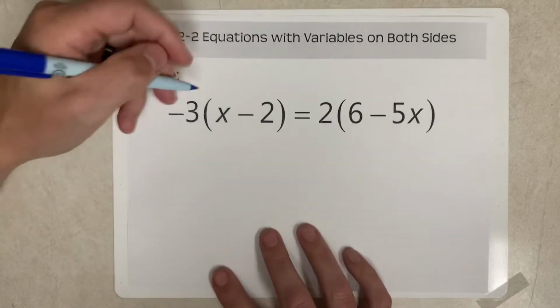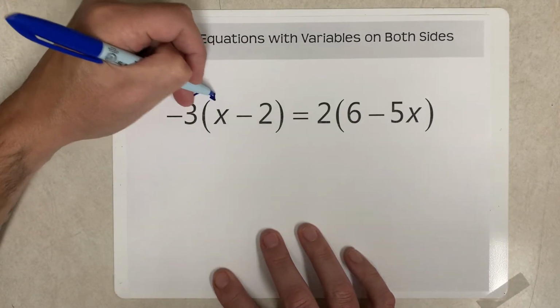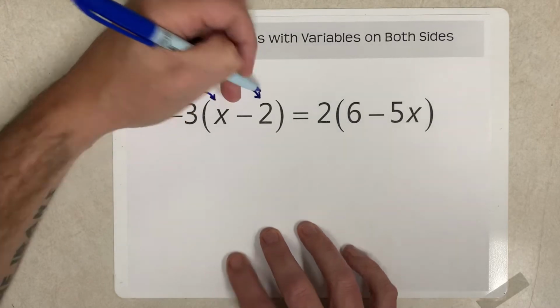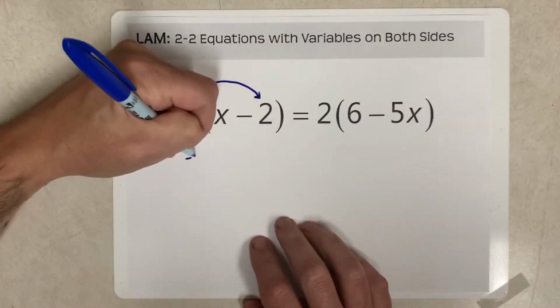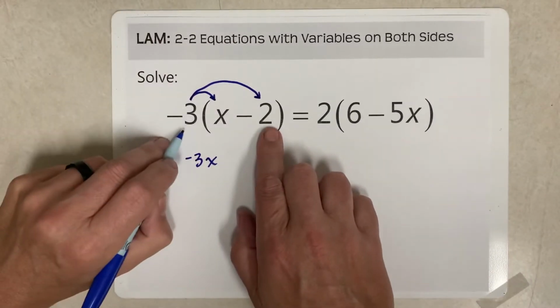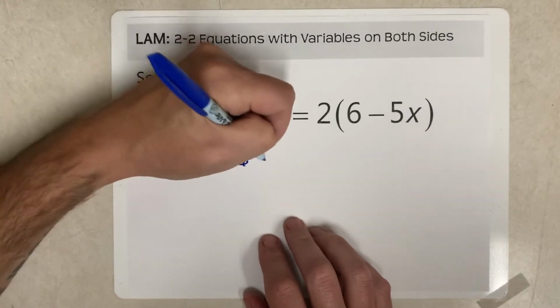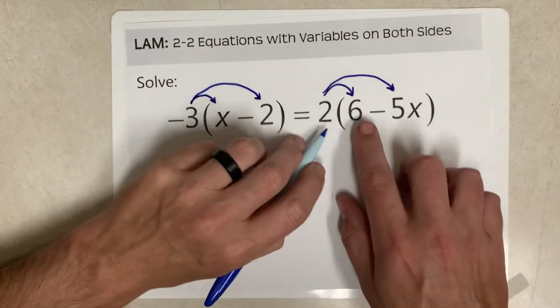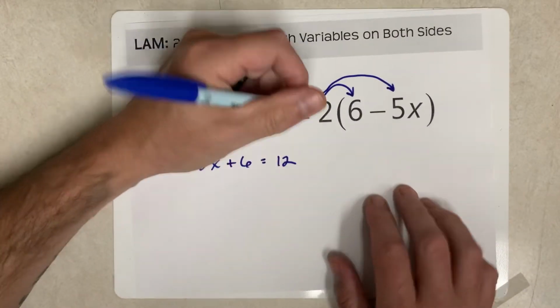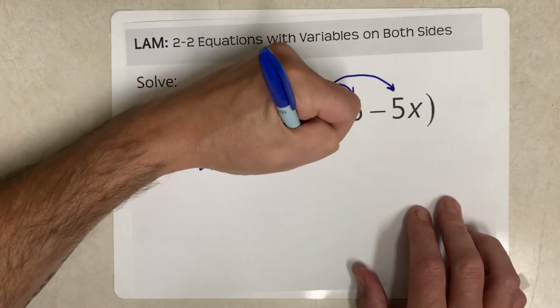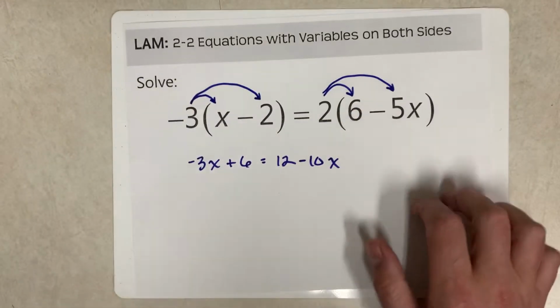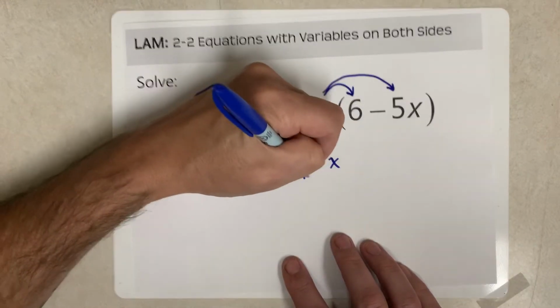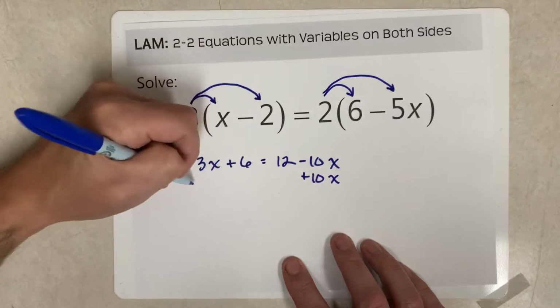This one we need to distribute both sides. So negative 3x plus 6 equals 6 times 2 is 12. 2 times negative 5 is negative 10x. All right, so I'm going to add 10x to both sides.